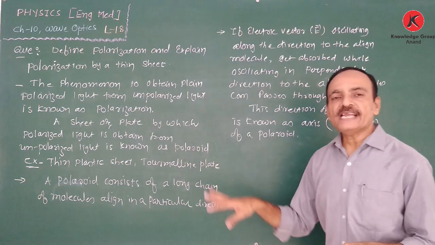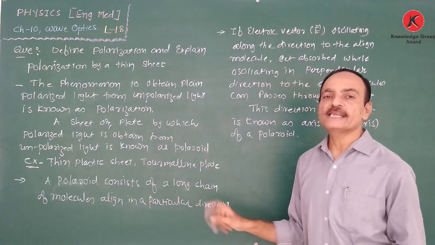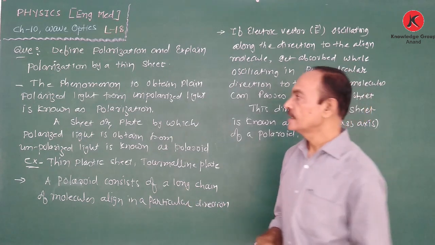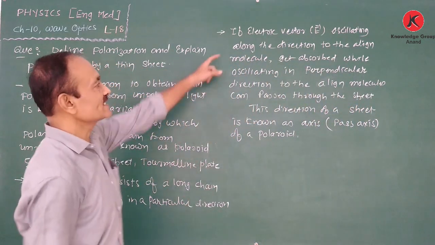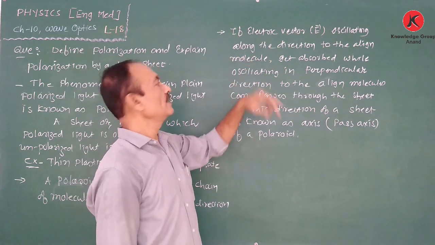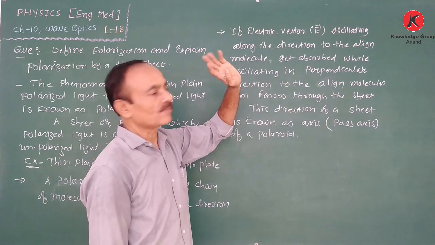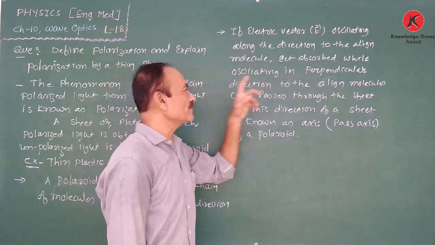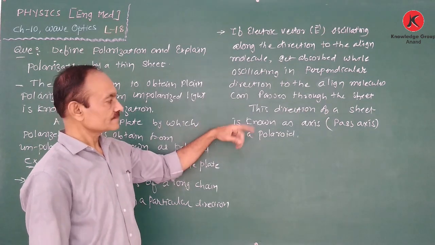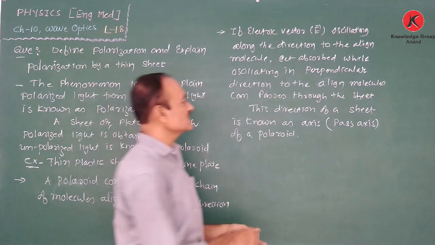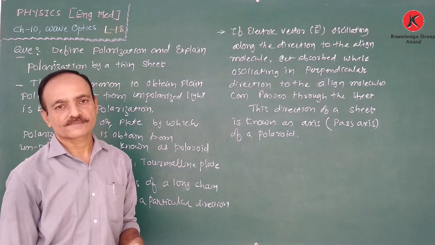A polarizer consists of long chains of molecules aligned in a particular direction. If the electric vector E oscillates along the direction of the aligned molecules of a sheet, it gets absorbed, while oscillation in the perpendicular direction to the aligned molecules can pass through the sheet. This direction of a sheet is known as the axis of a polaroid.